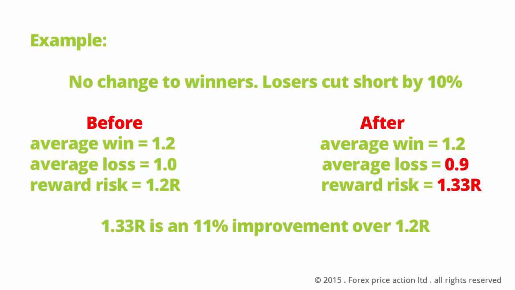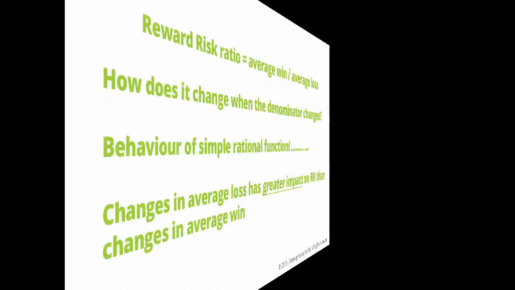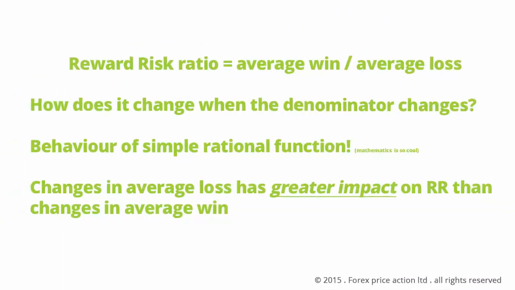Here is a quick example to show you how a simple 10% reduction in the size of the losers can actually improve the average reward-risk ratio by 11%. Indeed, cutting losses early and letting winners run will increase the average reward-risk ratio.